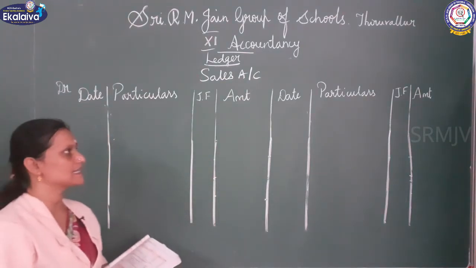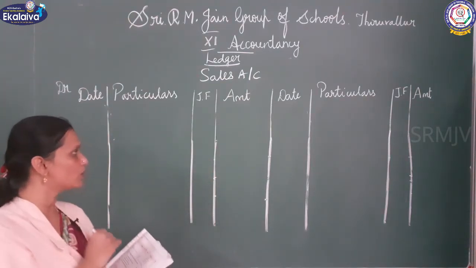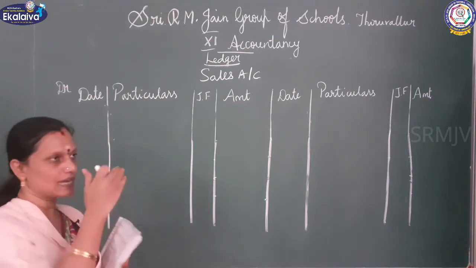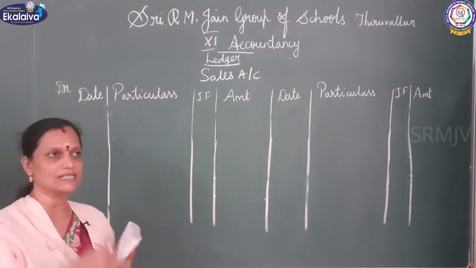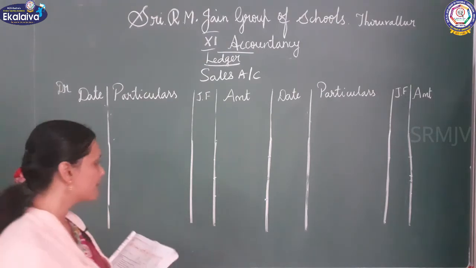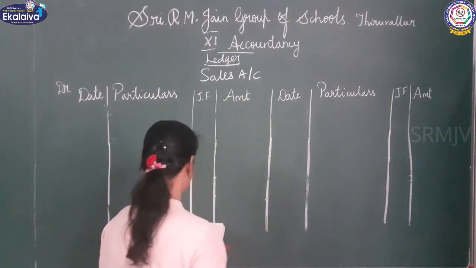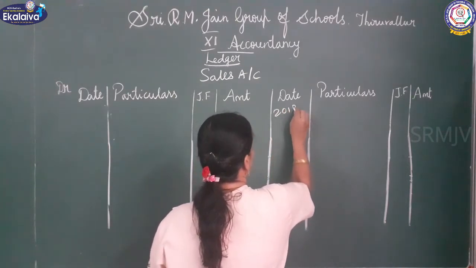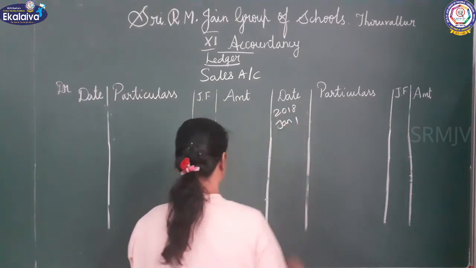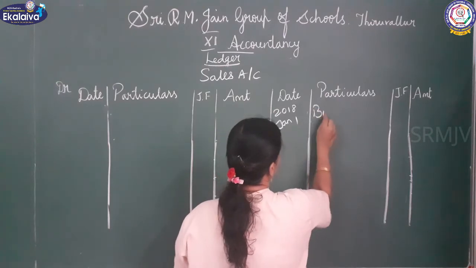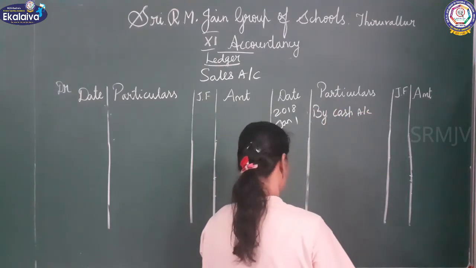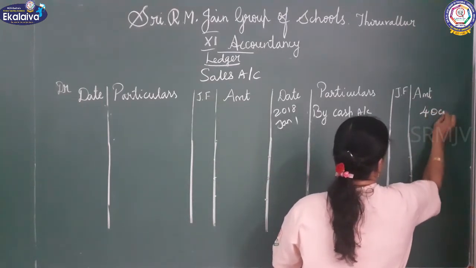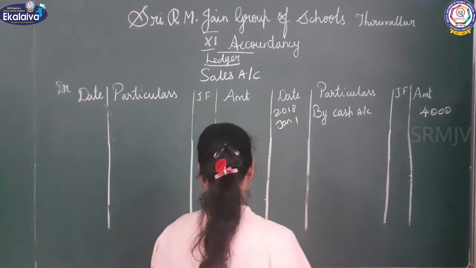Okay, so sales. So sales, what we should do now? We have to write the sale cash account to sales account. If it is a cash transaction, in the sense cash account to sales account. Okay, so cash we have to write it here. So 2018 January 1st by cash account, how much? 4,000. And then what he did?